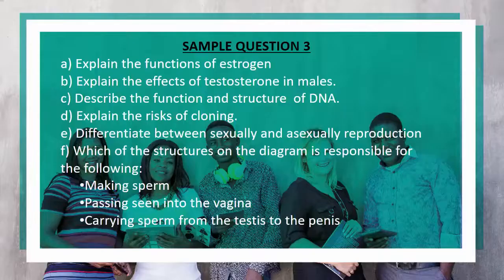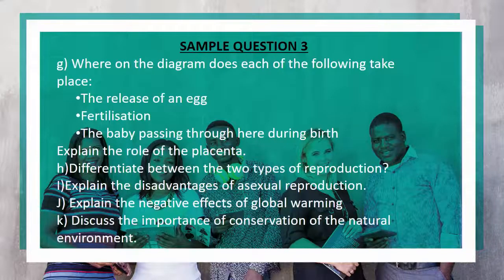You will see that they differ from explain to describe, differentiate, and then a question F, for example, which asks which of the structures on the diagram is responsible for the following: making sperm, passing semen into the vagina, carrying sperm from the testes to the penis. Those are also questions that can be asked on a diagram. You can be given the diagram in the examination, and then be asked questions on the diagram.